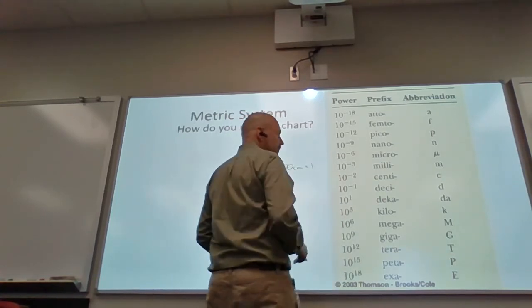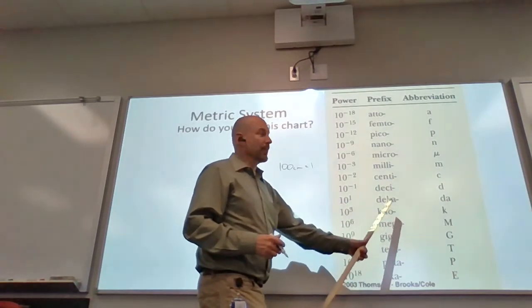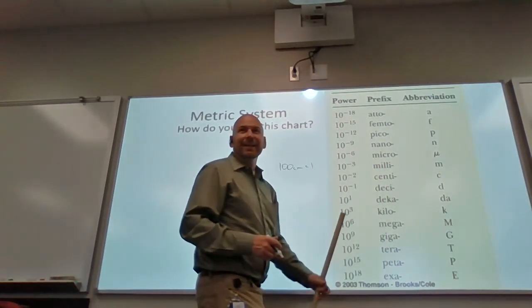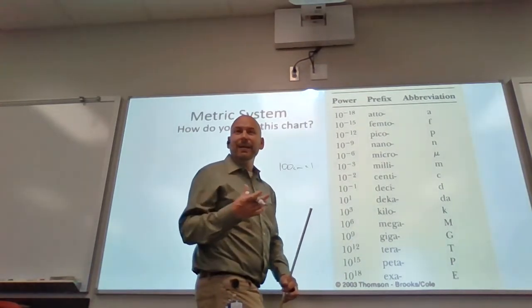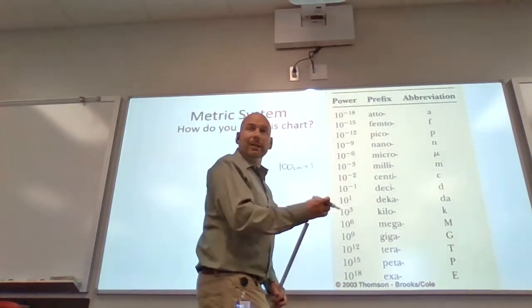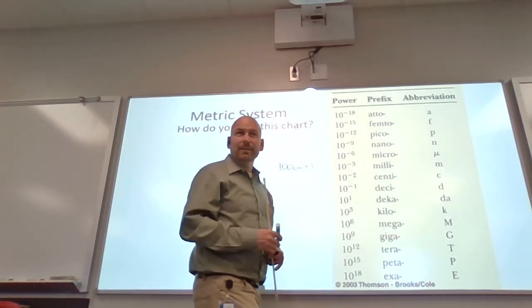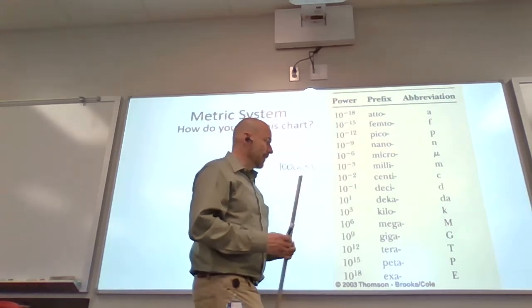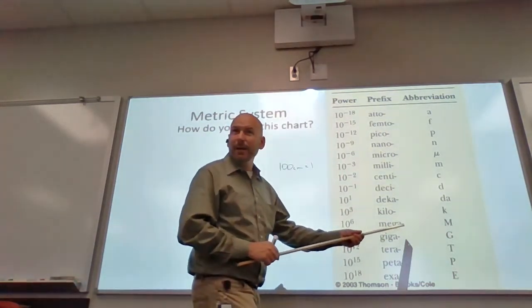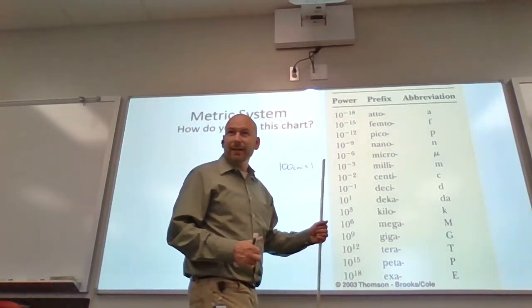Okay. Here's how you use this chart. You find centi, like, oh, centimeters. Okay. These prefixes can be put onto any meter, liter, second, any base unit, like gigabyte, megabyte, computer stuff, any of that.